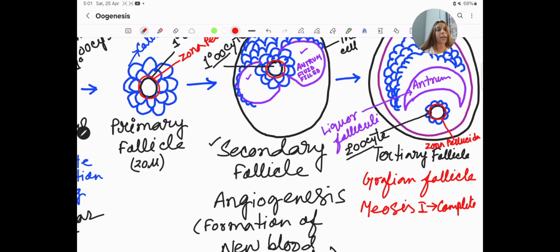So now there will be ovulation, and ovulation means when the ovum comes out from the Graafian follicle. That means this ovum, this secondary oocyte, will leave the Graafian follicle and come out to the peritoneal cavity. So that will be the phase of ovulation, right?